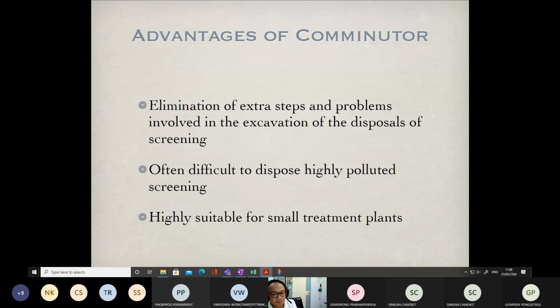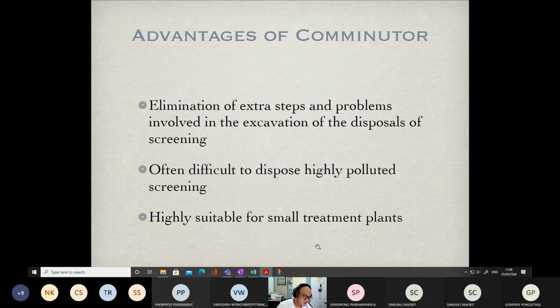In some highly polluted water, many organic matters come along with the water. Sometimes they come as big objects, so all this can be cut into a smaller size. Then we can handle them easily. But anyway, this is only suitable for small treatment plants, not for large treatment plants.